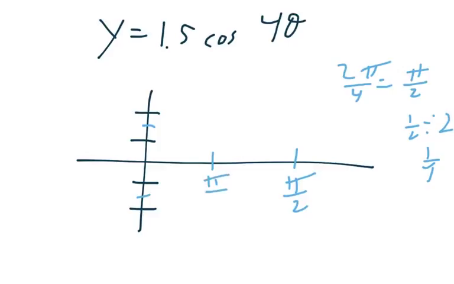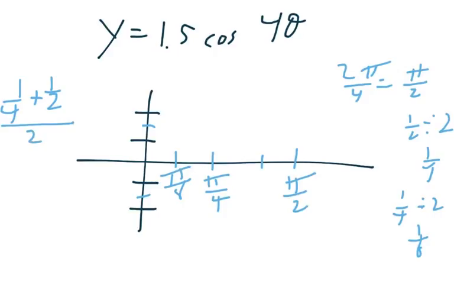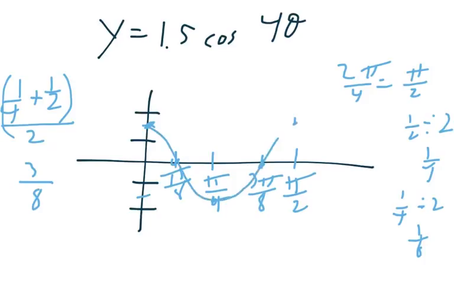So my middle tick mark is pi over 4. 1/4 divided by 2 is 1/8. So this one's going to be pi over 8. And to get that last one, 1/2 plus 1/4 divided by 2 turns out to be 3 over 8. So this is 3 pi over 8. Once again, we have a cosine, so I'm going to start at the top, middle, bottom, middle, top. And there's my graph for number 3.